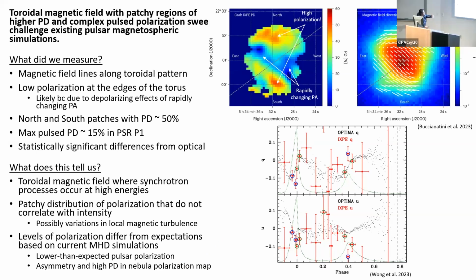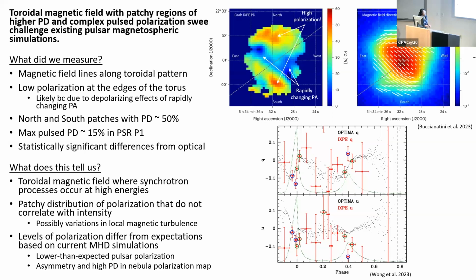So the rapidly changing polarization angle, we think that it's changing because it's following the toroidal structure of the wind. I'm not sure about radio measurements of this object, so I'm not exactly sure if the polarization angle might be different at radio energies.